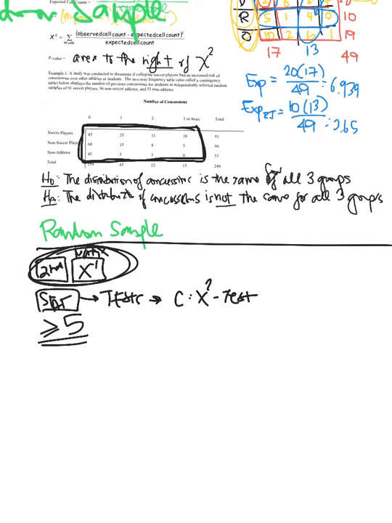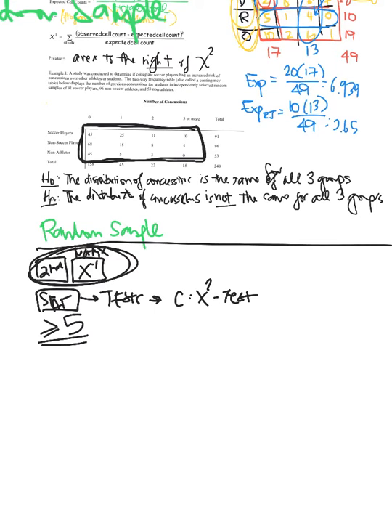That is our condition. So in this case, if you notice, there are actually a couple that are not greater than or equal to 5. Those last two in the last row are not greater than or equal to 5. So we did not meet that condition.